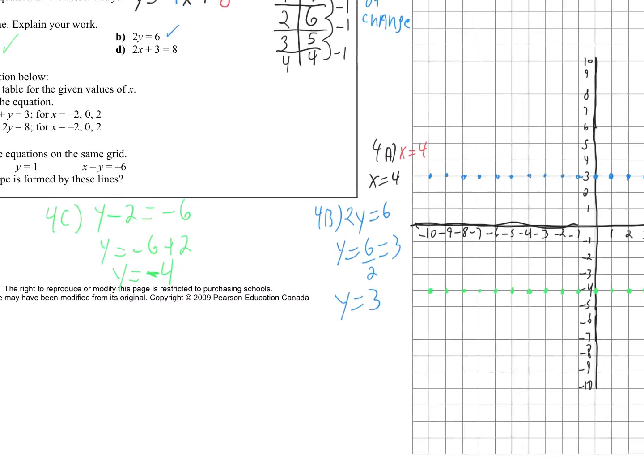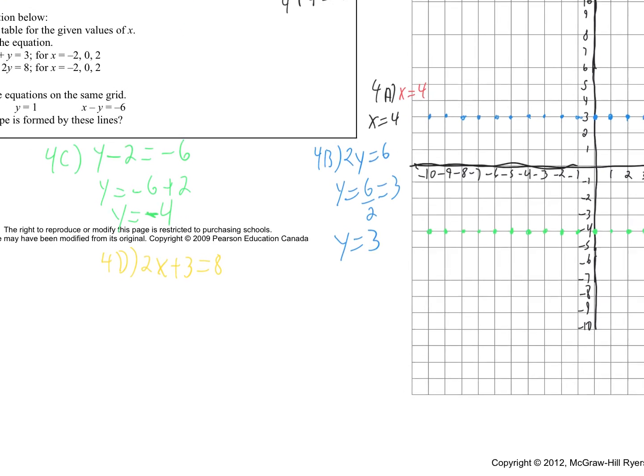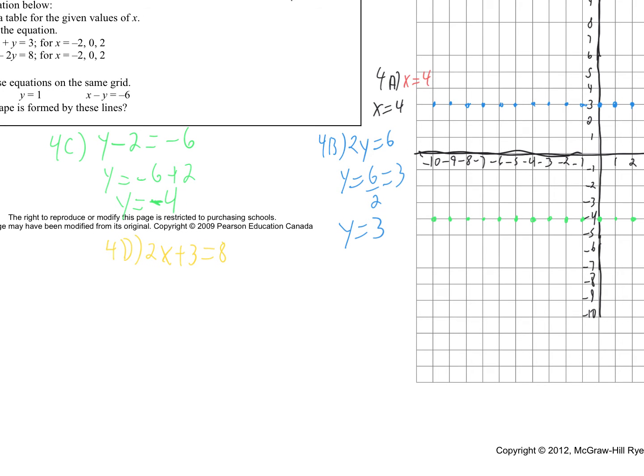Now that we're looking at number 4D, 4D is 2x plus 3 equals 8. So I'm going to use a little bit of algebra now to work out exactly what x equals.